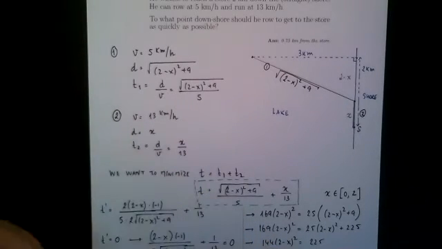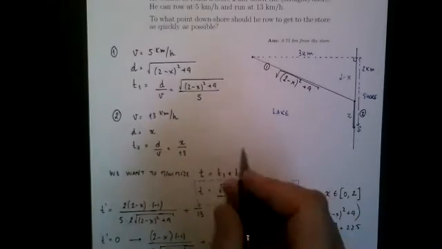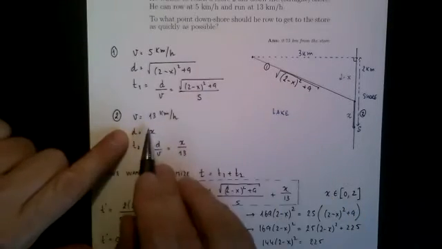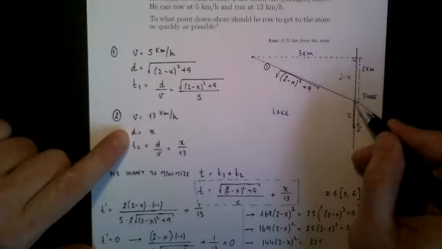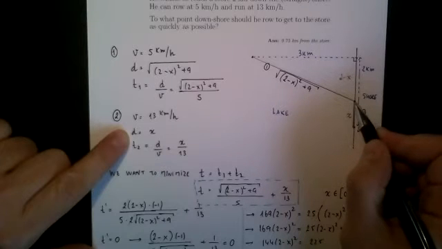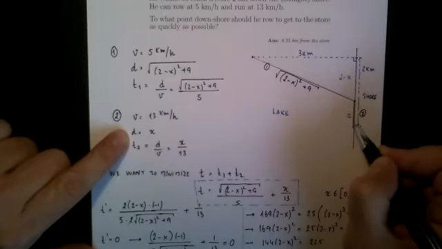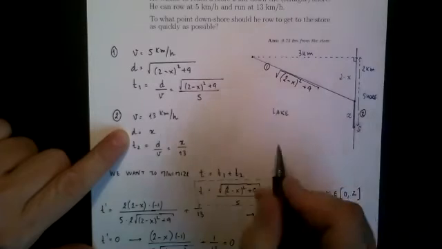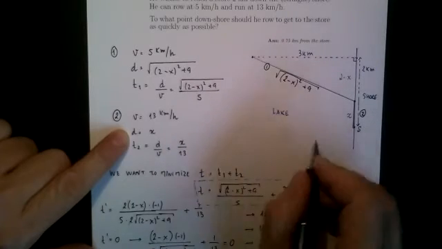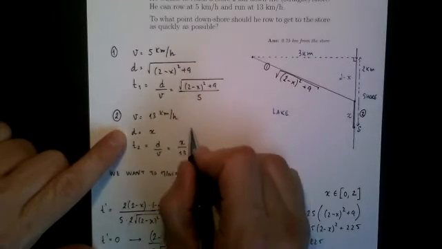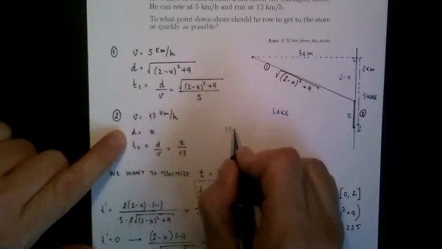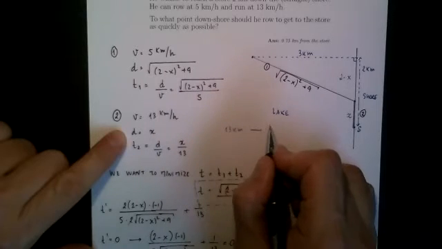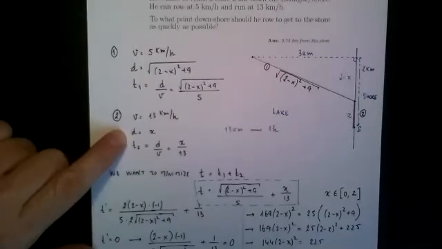In case you never did some physics, T2 is the time it takes him to run here on the shore. He travels 13 kilometers in 1 hour.